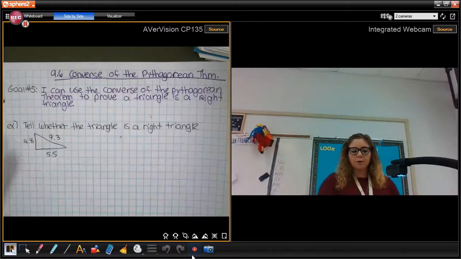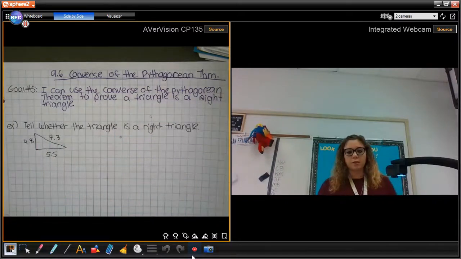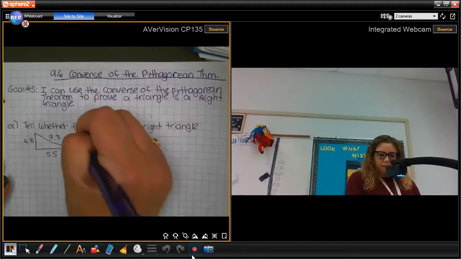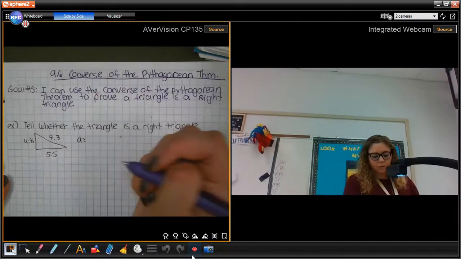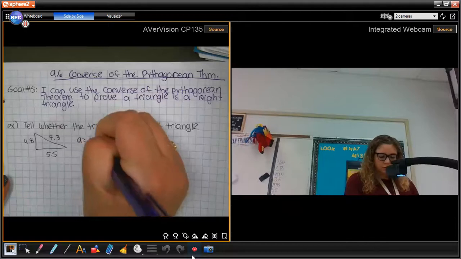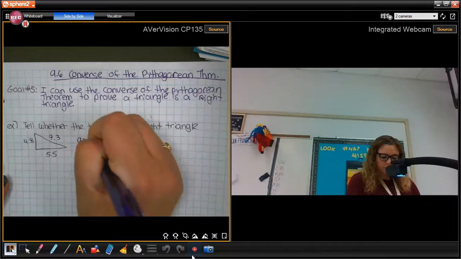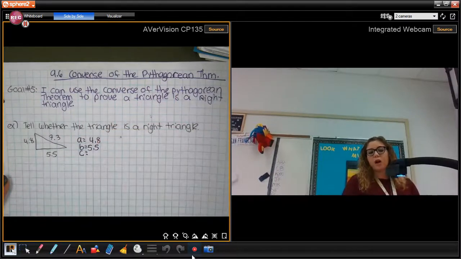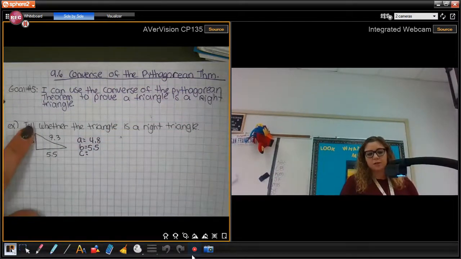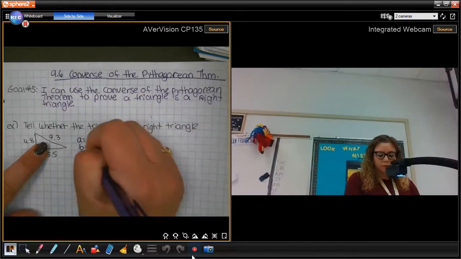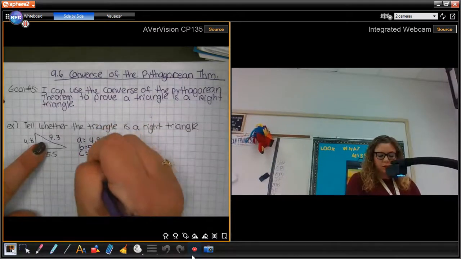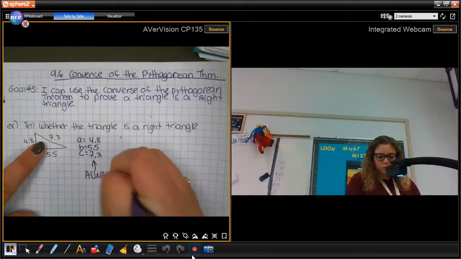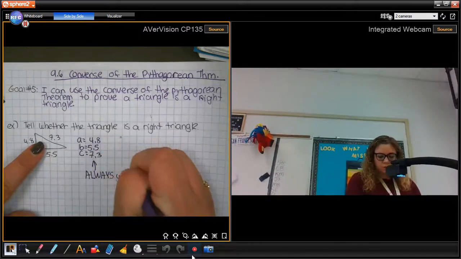The way I would do that is I would use the Pythagorean theorem. So I'm going to have A equals 4.8, B equals 5.5. Your C is always going to be your longest side. So which side is the longest? 7.3. So this is always your longest side.